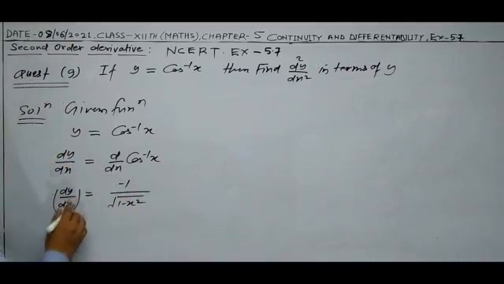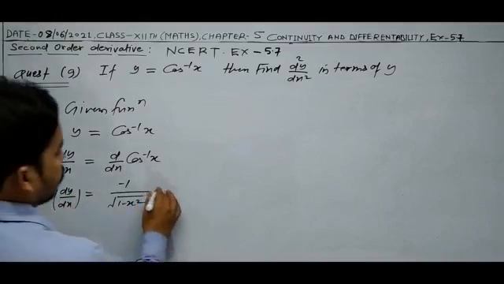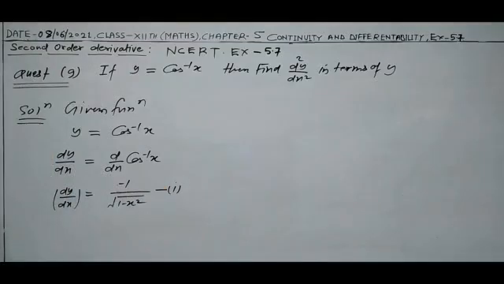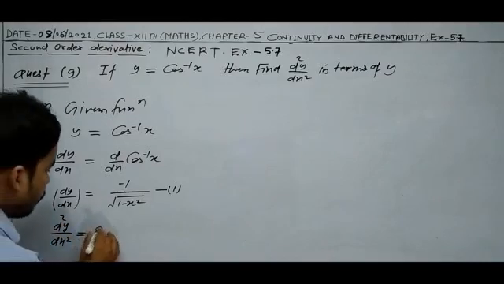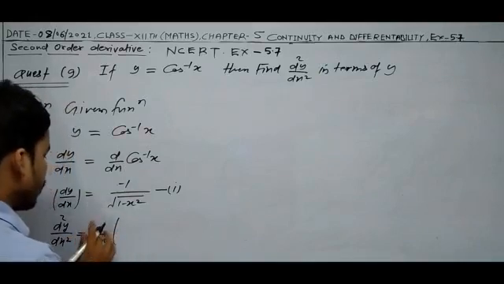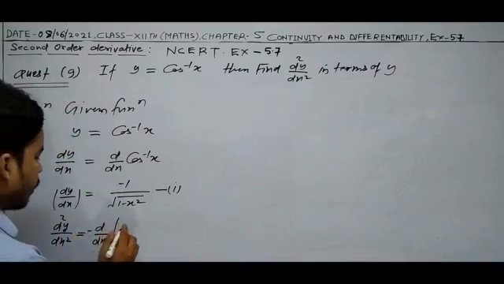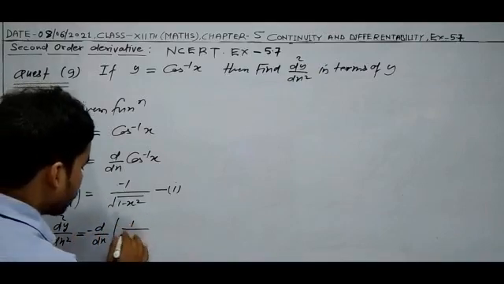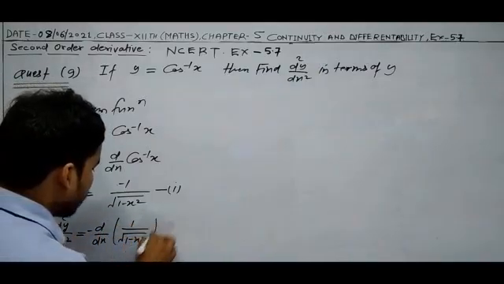This is the value of dy by dx. So consider equation 1. Again you have to differentiate this function. So d2y by dx2 result will be d by dx of, with the minus sign considered outside the differentiation, 1 upon root over 1 minus x square.